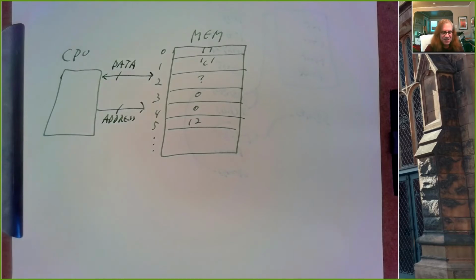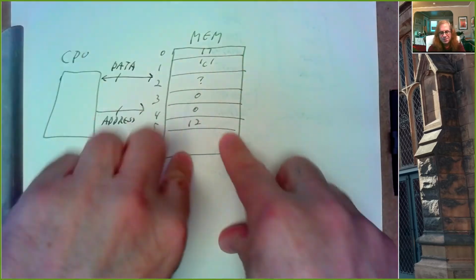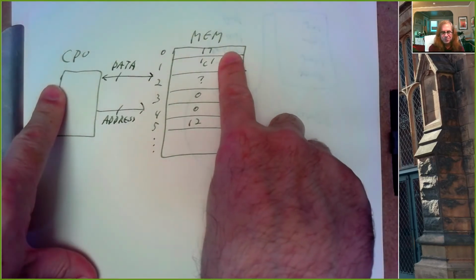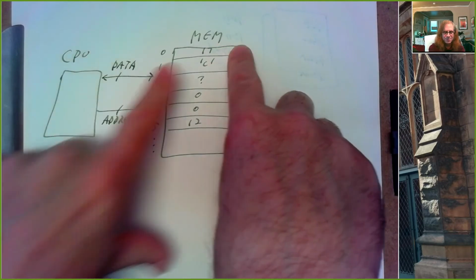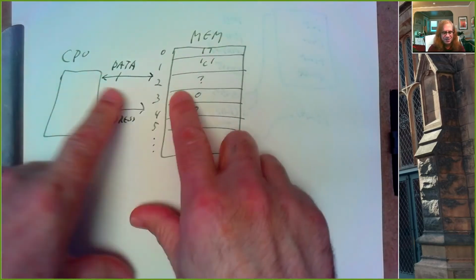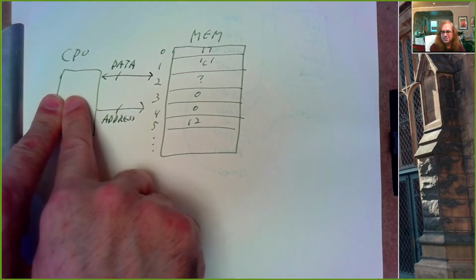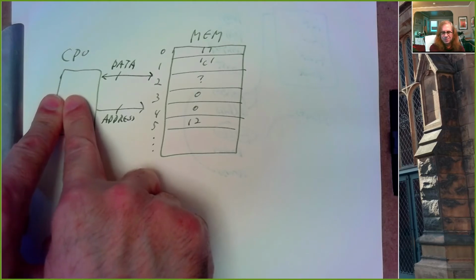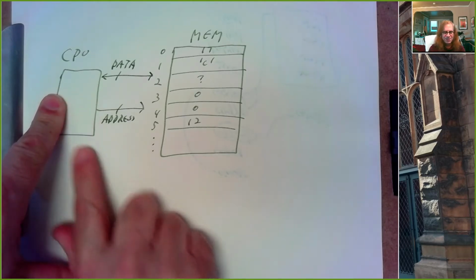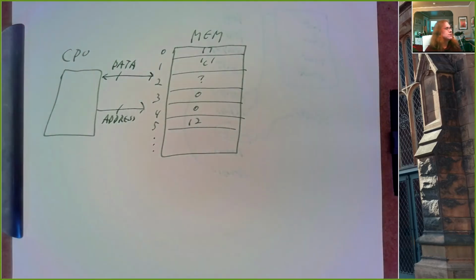Instructions are stored in here along with data, and so the address of the first instruction of your program is sent to the memory, and the CPU says, tell me what's at that location, and the data for that instruction goes into the CPU, and it looks at it and says, oh, that's a clear instruction, right? I'm supposed to clear something, so what should I clear? Well, it'll send another address and find the operand and read that back, and so on and so forth.